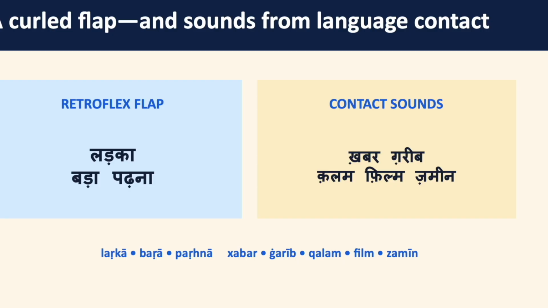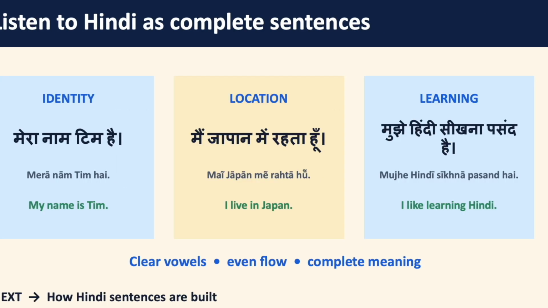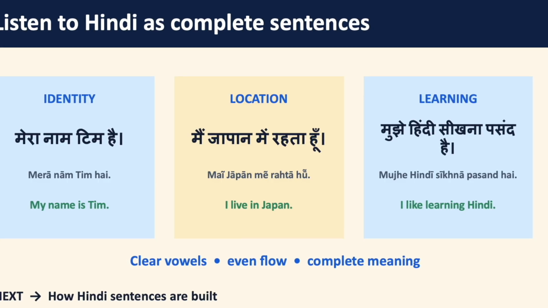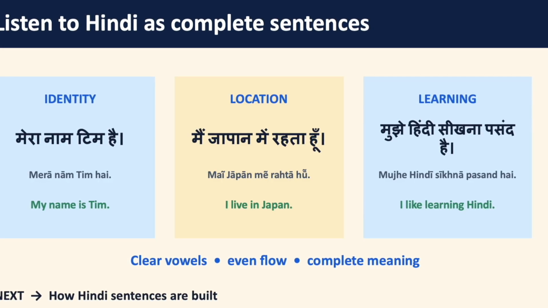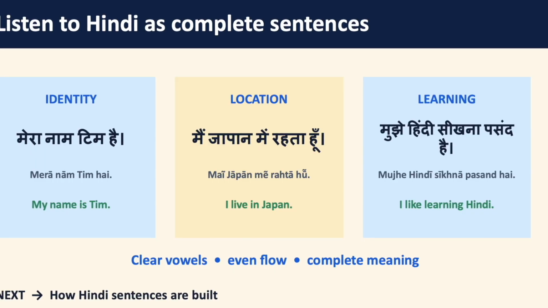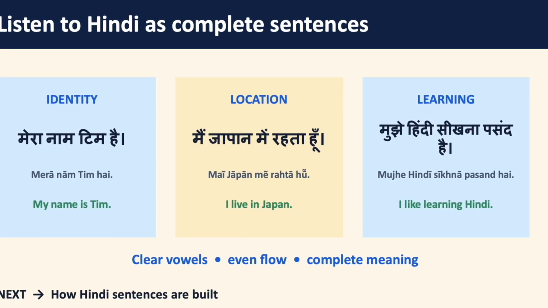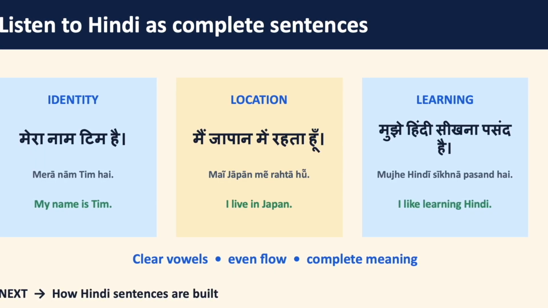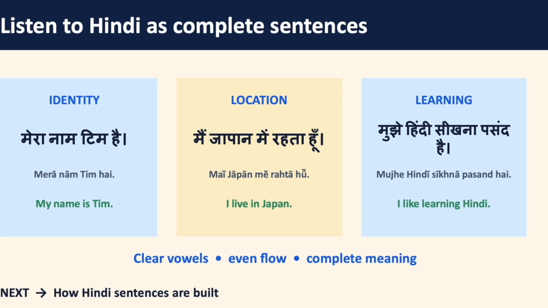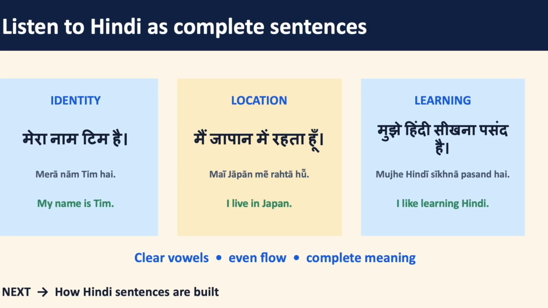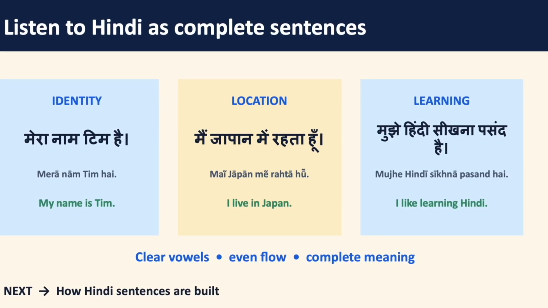Hindi has word stress, but its rhythm does not sound like English. English often compresses unstressed vowels and creates a dramatic contrast between strong and weak syllables. Hindi generally keeps its vowels clearer and produces a more even flow. Listen to the following three complete sentences. Do not focus on translating individual words yet.